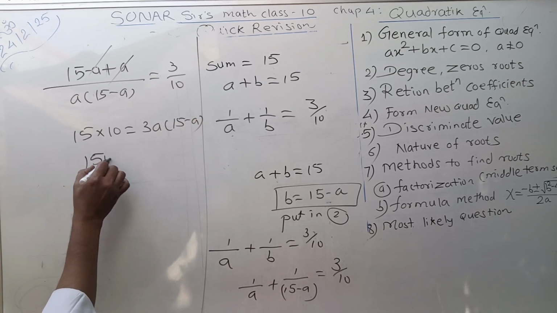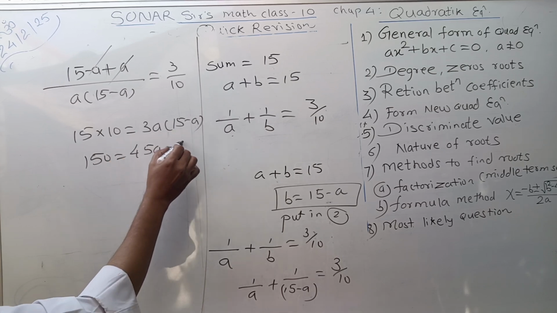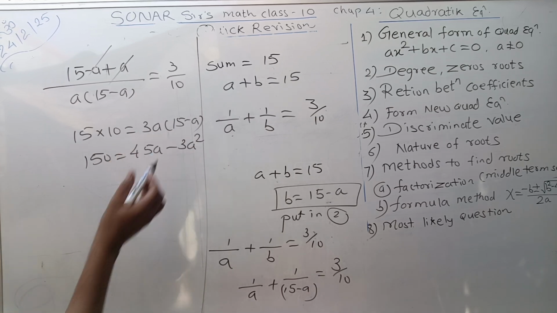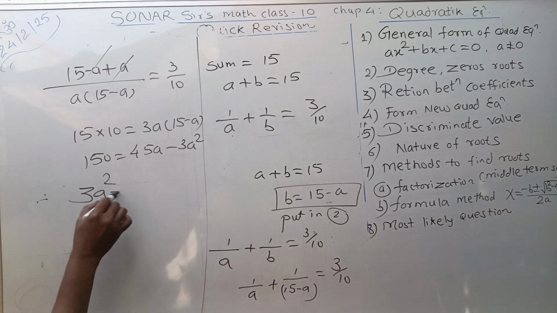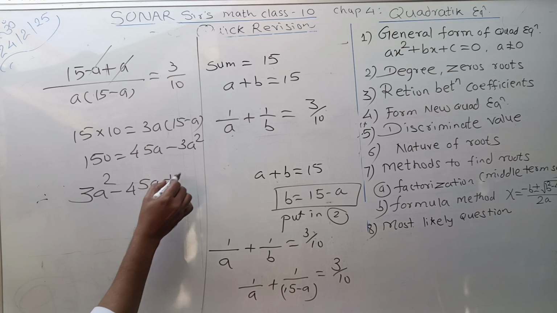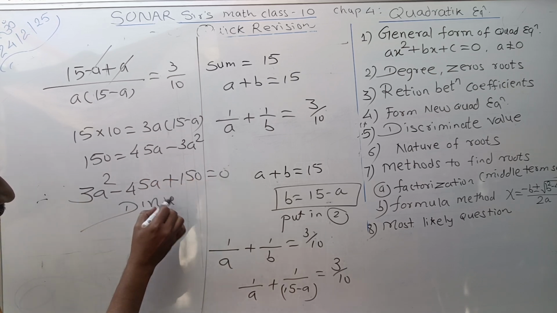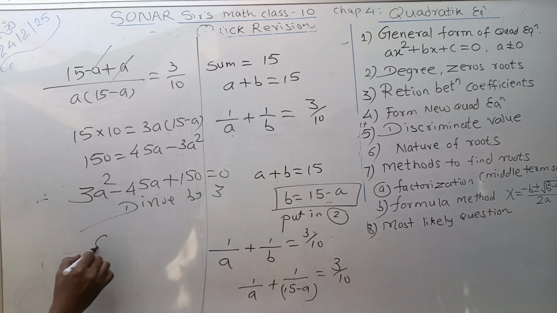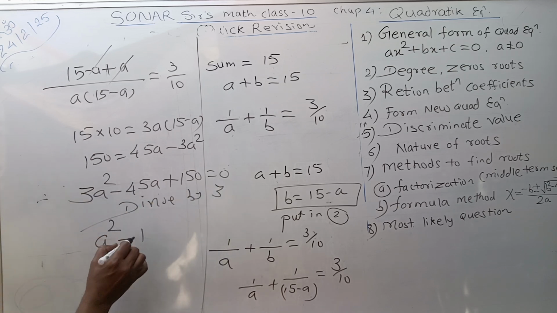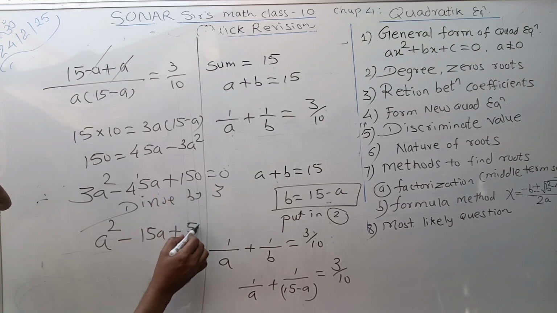Now this is 150, 15 threes are 45a minus 3a square. We'll prepare it into the standard form. So transfer it: 3a square minus 45a plus 150. We can divide it by 3. If we divide it by 3, then it becomes a square minus 15a plus 50 equals 0.